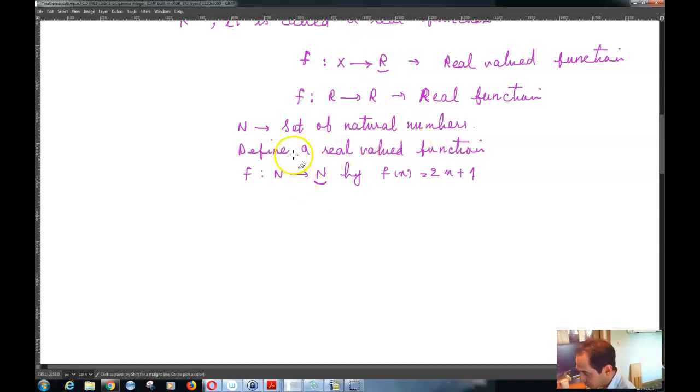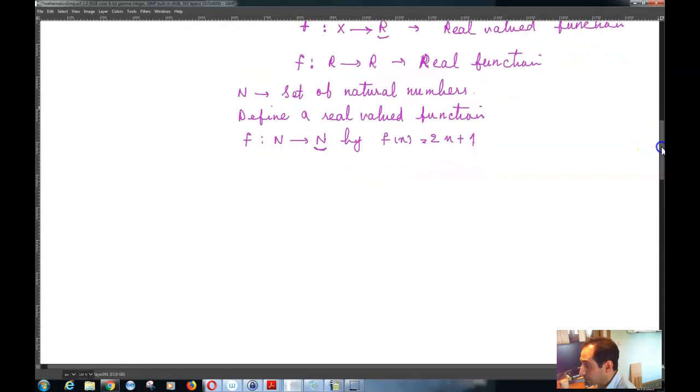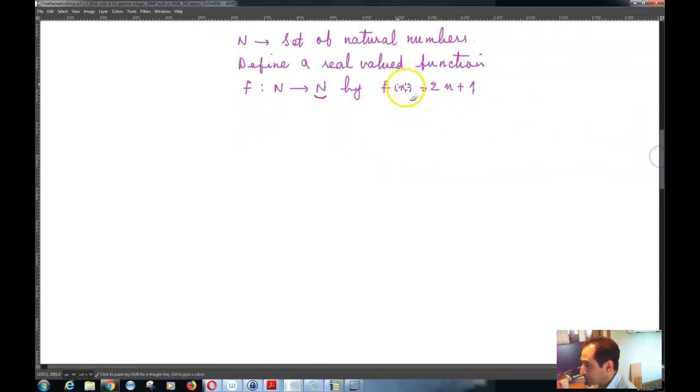So based on the definition, everything is okay. And so the rule of the function is f of x is equal to 2x plus 1. Using this definition, they complete the table given below.